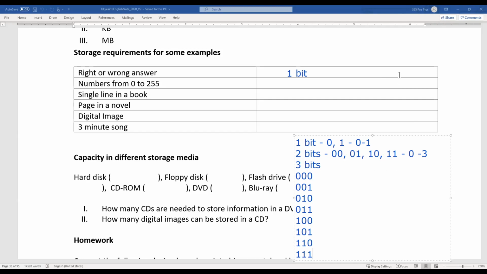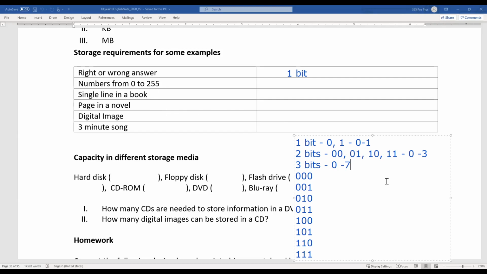So basically, you can represent 8 numbers from 0 to 7. Right? The question asks, how many bits do you need to represent numbers from 0 to 255? Calculate it and see.